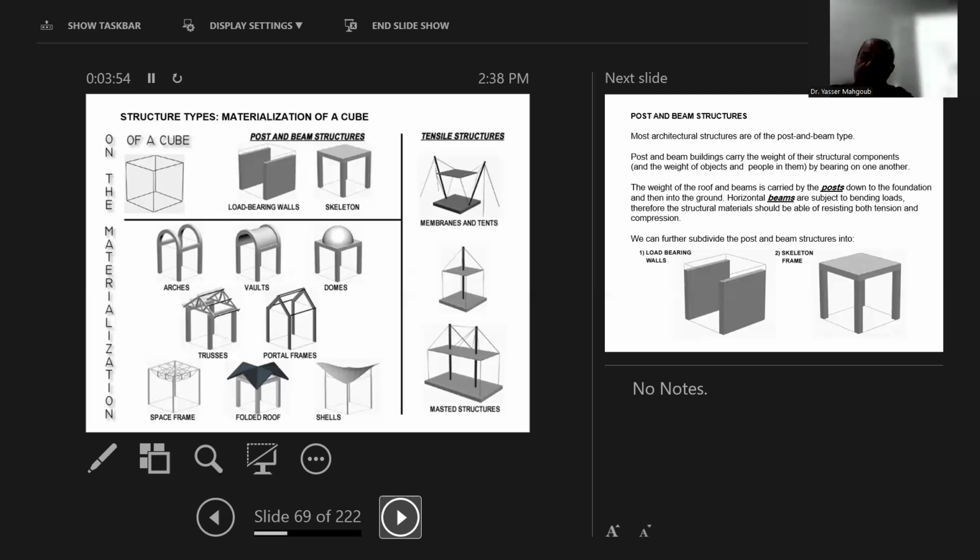It is supported on 2 sides. We can have a shell that is supported from the 2 ends. So we can have arch, which is 1 dimension, vault, which is 2-dimensional, and the shell, which can be in different directions, as we will see. Also, the dome was a type of structure used from the old time using mud or stone or brick that can be shaped into a dome.